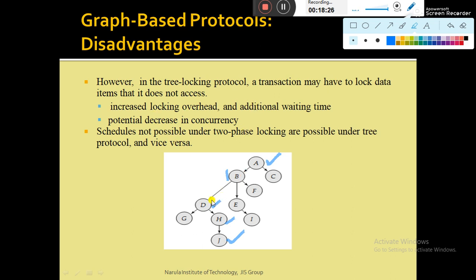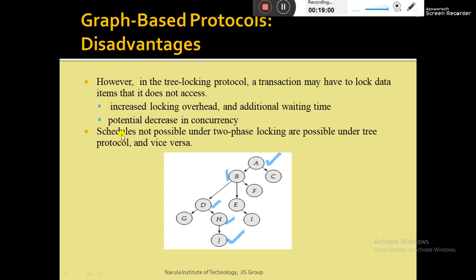Then, as many more data items are locked by the transaction, no other transaction can access the extra set of data items, so the waiting time will increase for other transactions. Other transactions have to wait until the present transaction releases all these locks. So there is an increase in locking overhead and an increase in waiting time, and as other transactions cannot access the data items, it will potentially decrease the concurrency level.